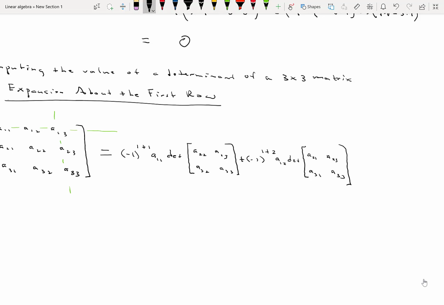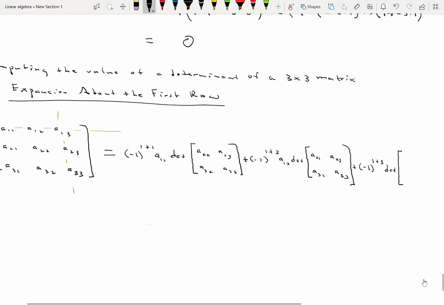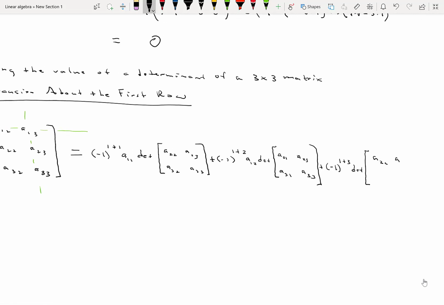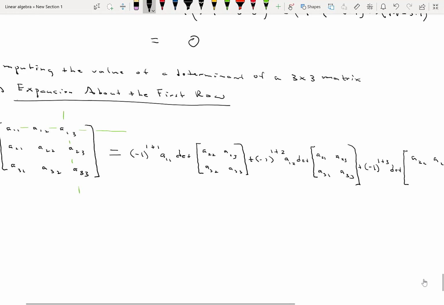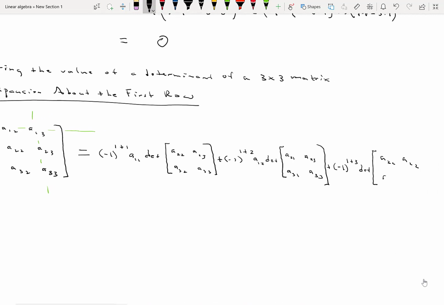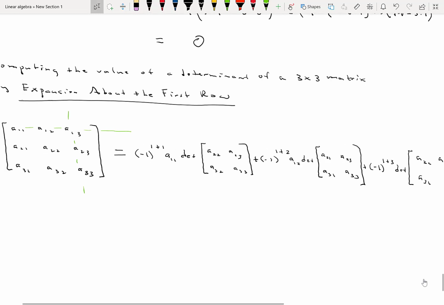So, plus the little red plus that I had above the matrix before in the first row and third column is replaced with -1 to the first row, 1 plus third column, times the determinant of everything that doesn't have a line through it: A21, A22, A31, A32. Okay.